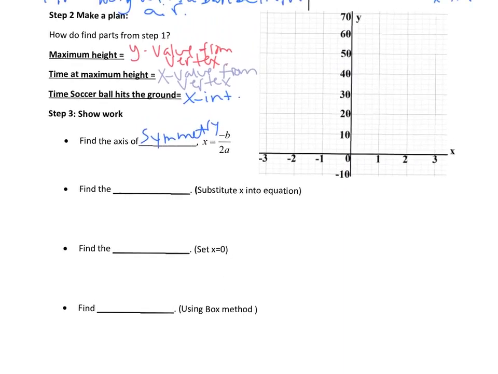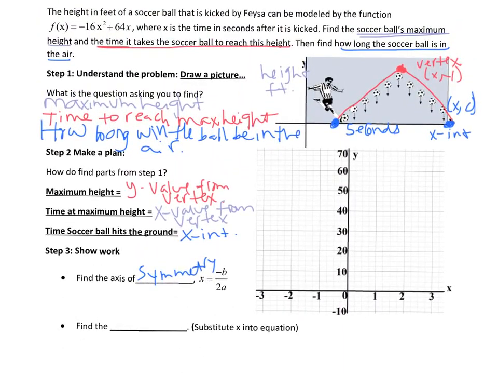Alright, so if we go back up to our equation, our b value is positive 64, and our a value is negative 16. So a is equal to negative 16, b is equal to positive 64.